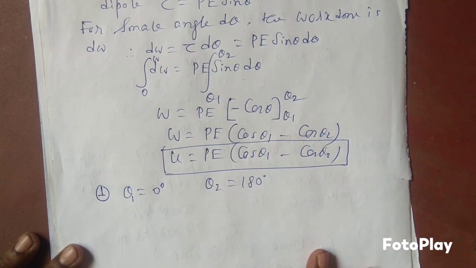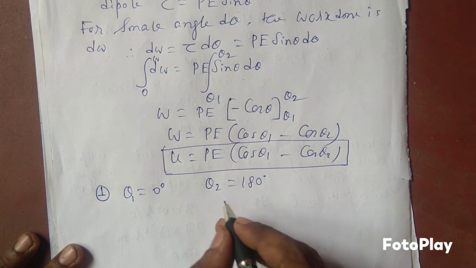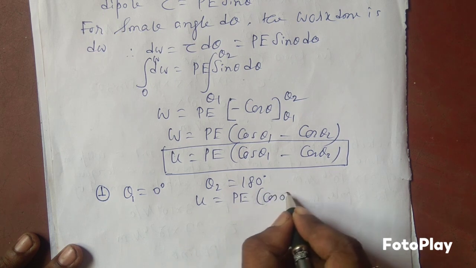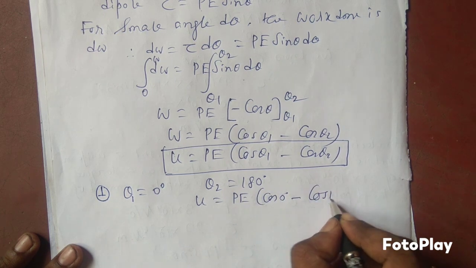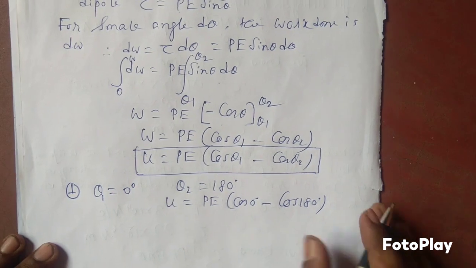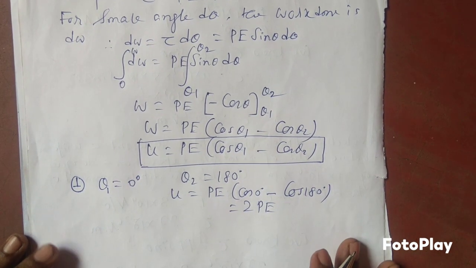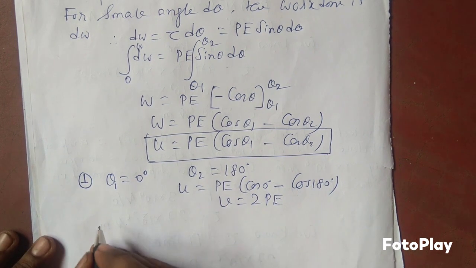We can easily calculate, that is U equal to PE cos 0 degree minus cos 180 degree, that is U equal to 2PE.